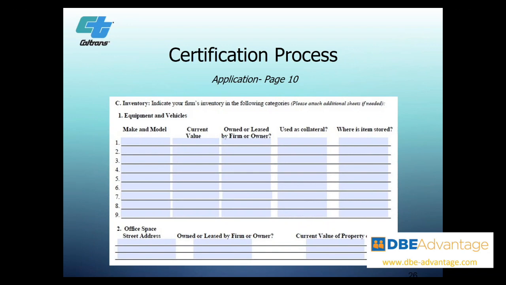It's important because if you're leasing from a large firm and essentially using their equipment, or perhaps the equipment doesn't belong to you but belongs to a different firm, this is where that kind of situation will be uncovered. And then similarly with office space.